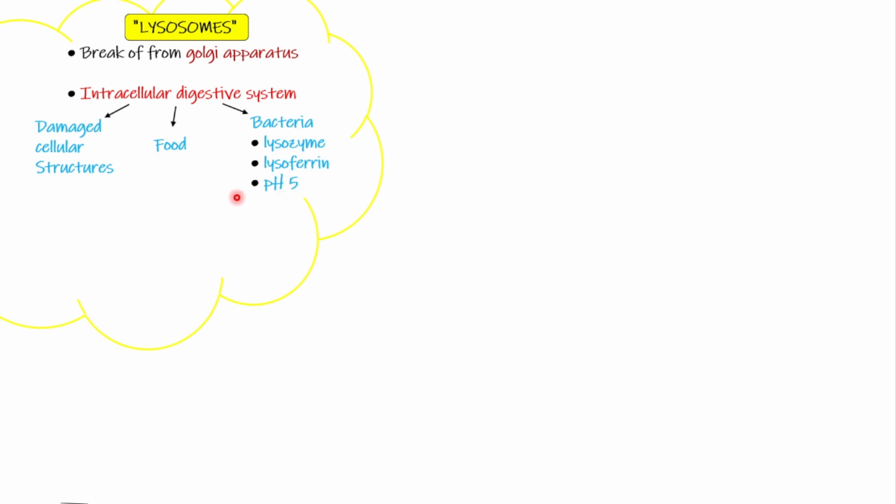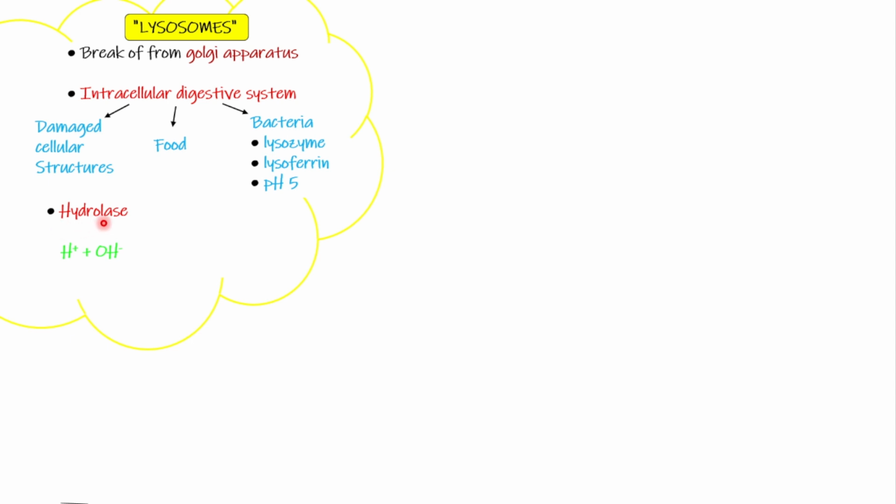How do they break down a lot of these things? They break down with the help of enzymes. And what are the enzymes? The enzymes are hydrolases. If you focus on the word hydrolases, hydro is from H and OH.